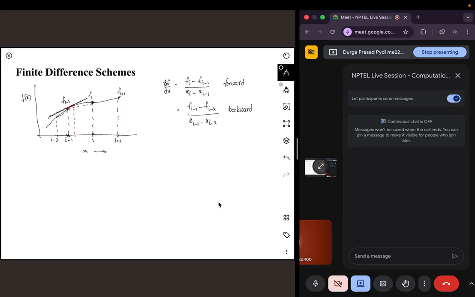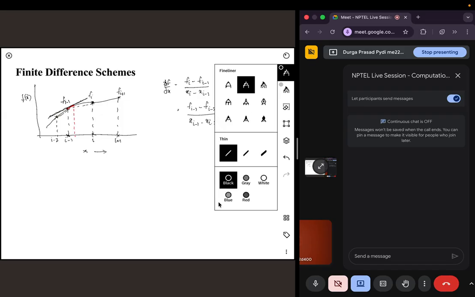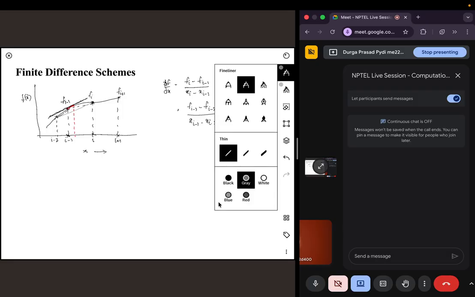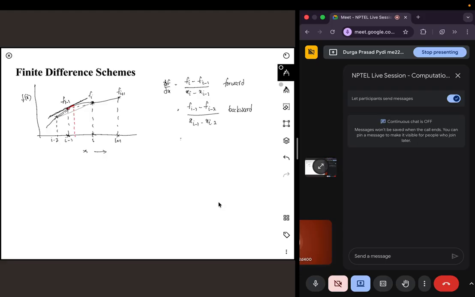You can also take one point before and one point after, and then approximate this. It's something like this, which is kind of parallel to the original one. So that would be the central difference scheme.